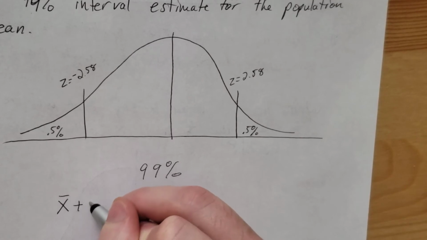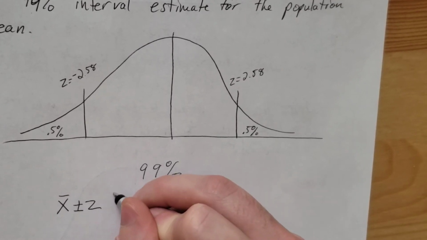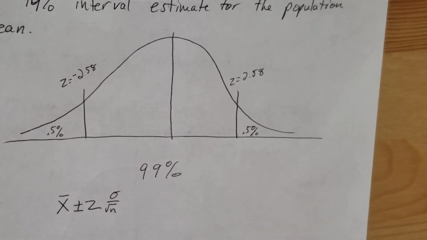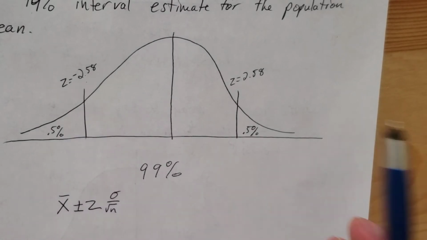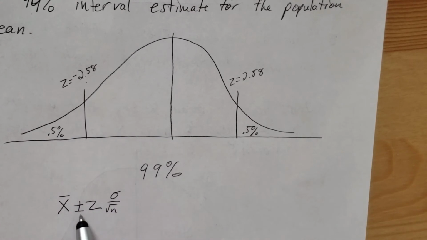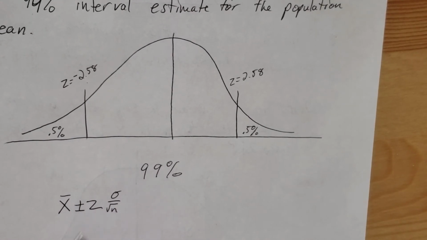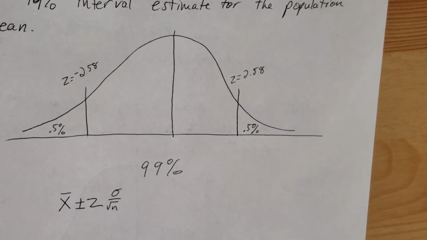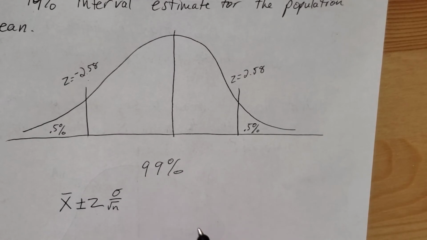So we want to construct our interval using positive 2.58. We're getting the negative from just the add or subtract here. So the add is the positive, the subtract will give us the negative. So we just plug in positive 2.58 for z into this equation, and we'll get our interval.